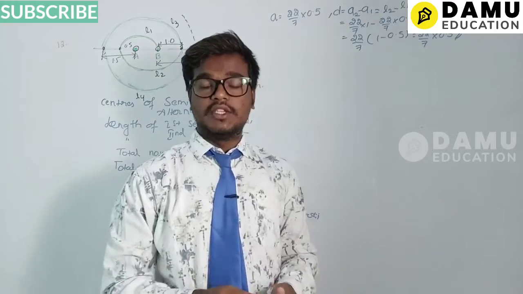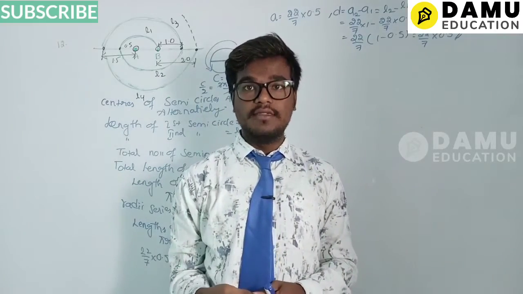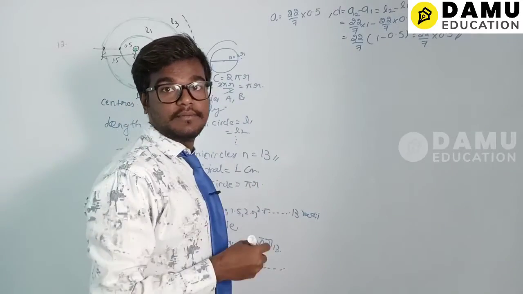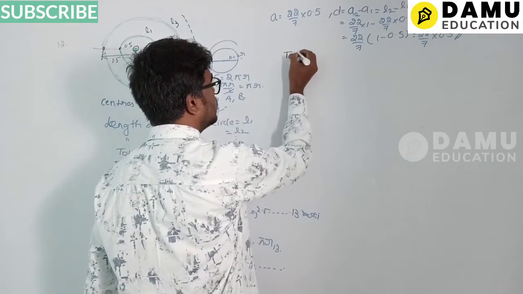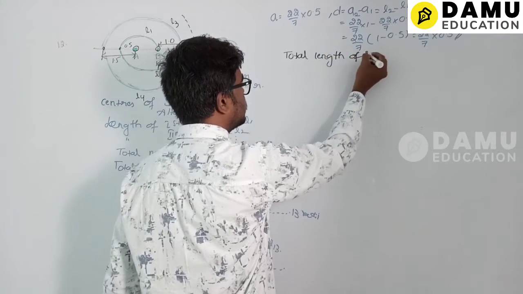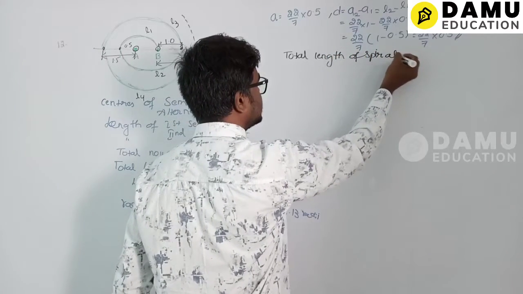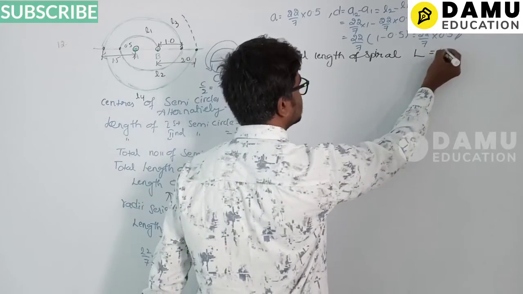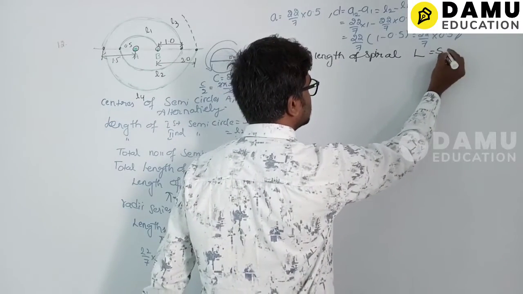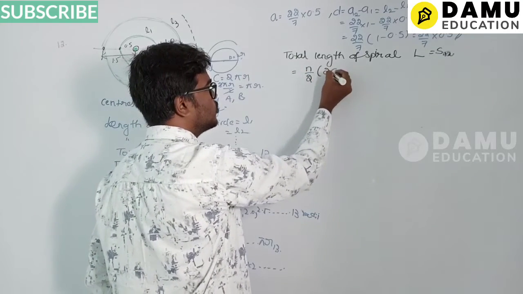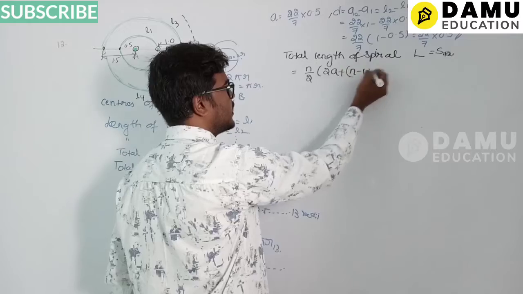So now we can find what is the total length of spiral. So sum of n terms, sum of the lengths. So total length of spiral. So what is that? Total length capital L will be equal to Sn, that is n by 2 into 2a plus n minus 1 into d.